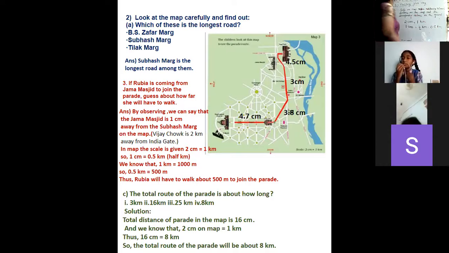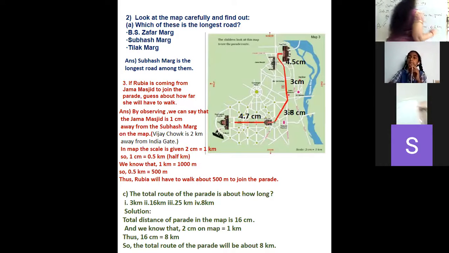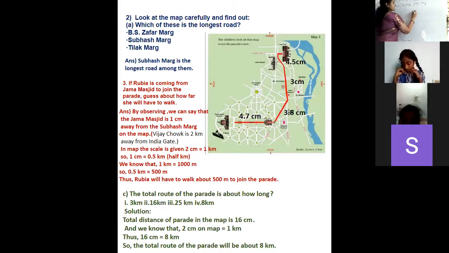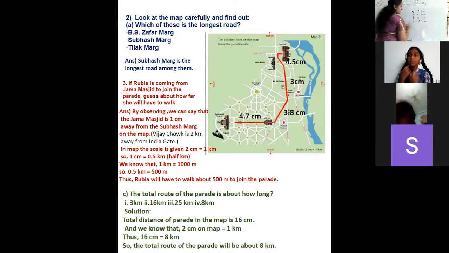Let us add all the map routes. First one is 4.7 centimeters, and then 3.8 centimeters. Next, 3 centimeters, 4.5 centimeters.